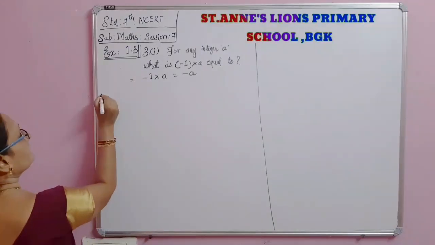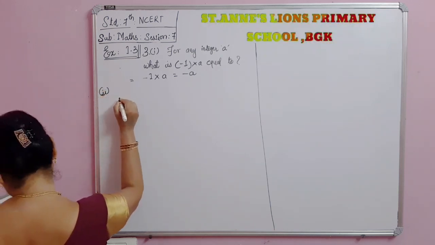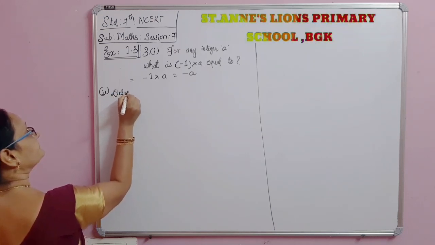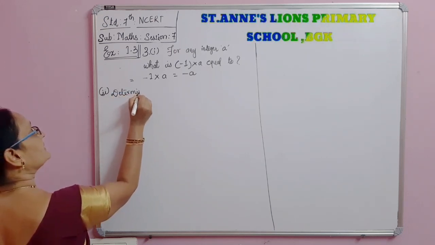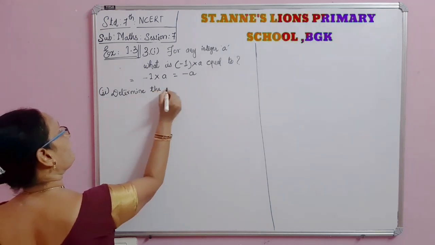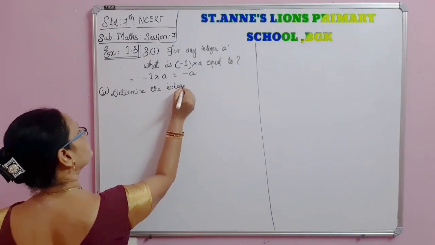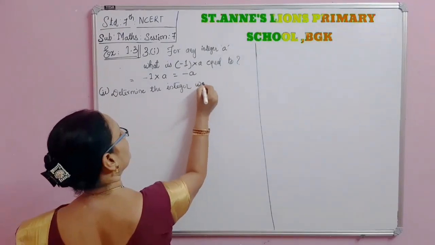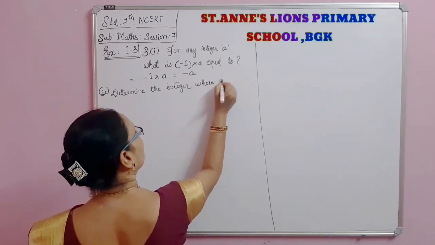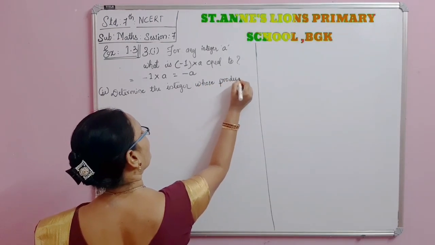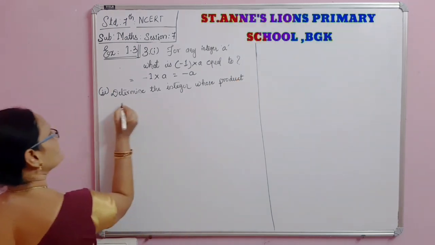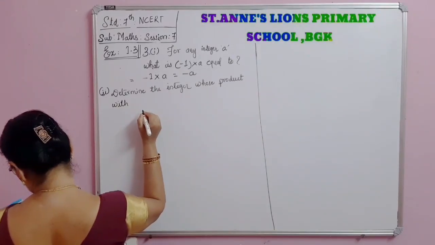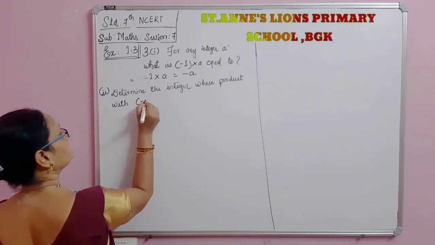Next, in the third main, second one, determine the integer whose product with minus 1 is.